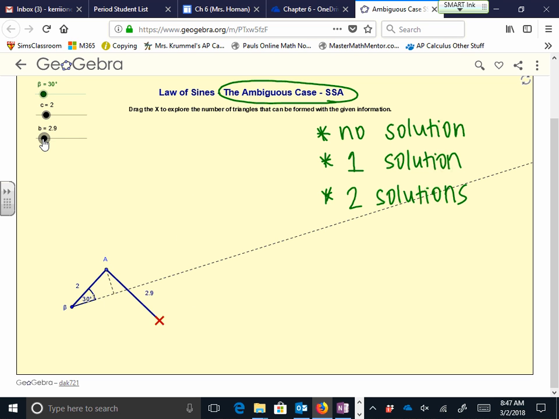Side B is 2? Yeah. There it is. Okay. That's a good idea. Thanks, Nick.